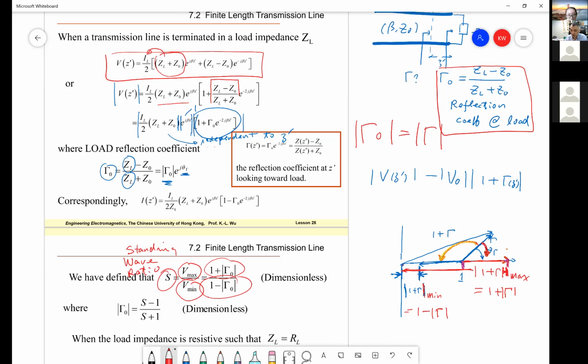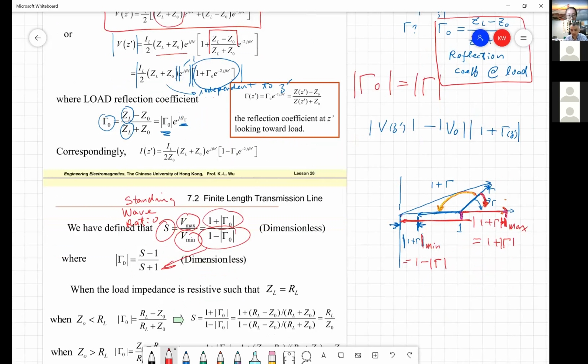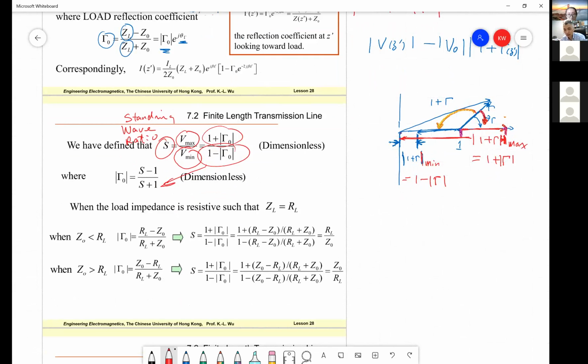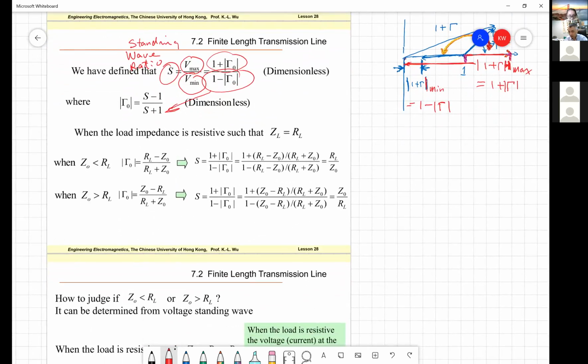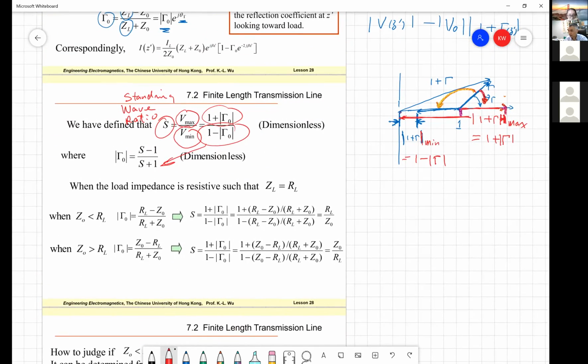And from this, you can easily obtain this. So that means if we know the standing wave ratio, we know the magnitude of the reflection coefficient.